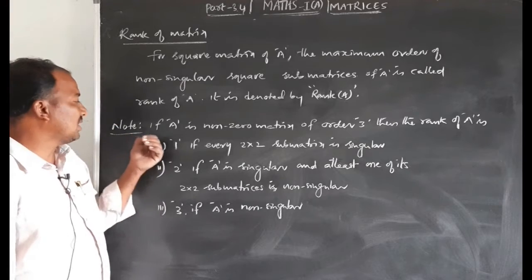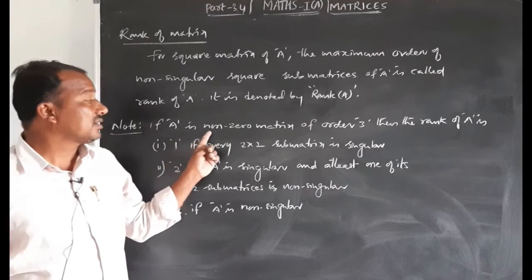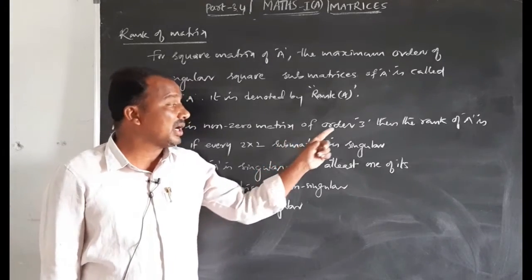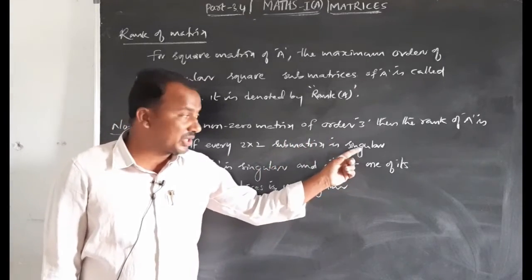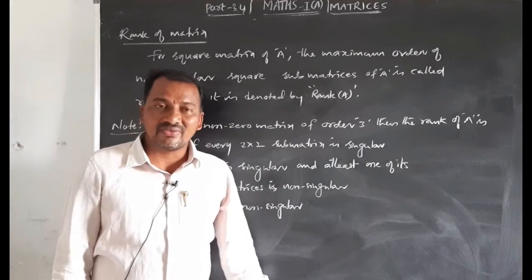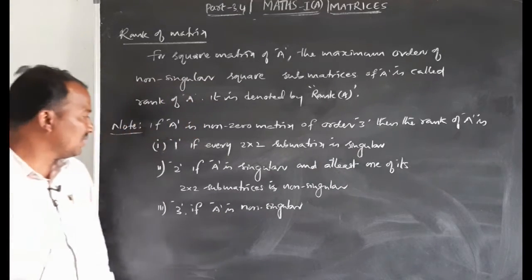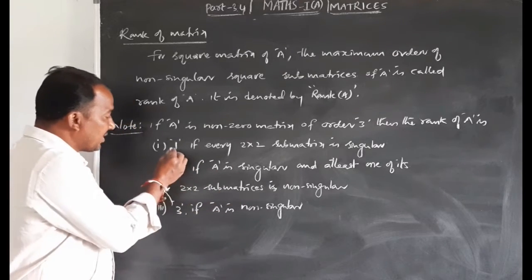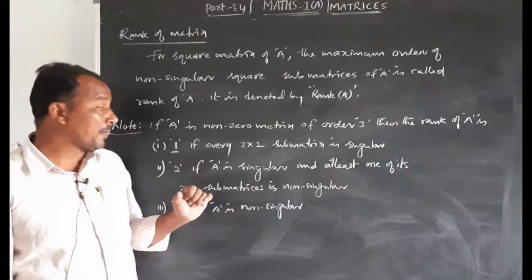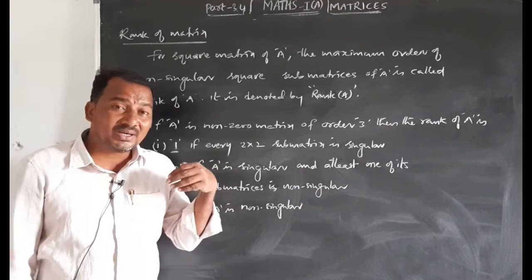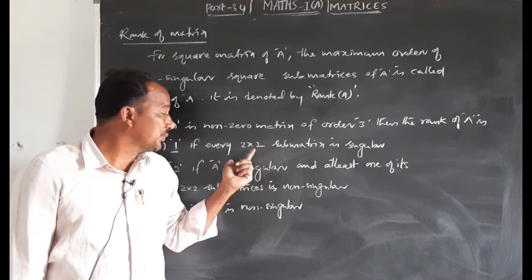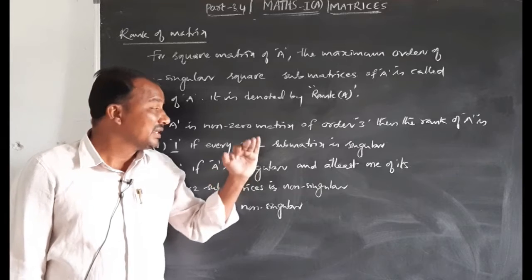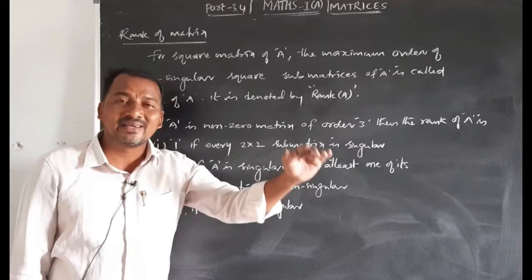Note, first: if A is a non-zero matrix of order 3 by 3, find the rank of A. Listen, first case: rank of A equals 1 if every 2 by 2 submatrix is singular.